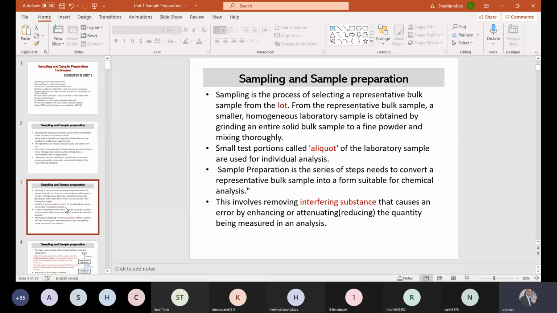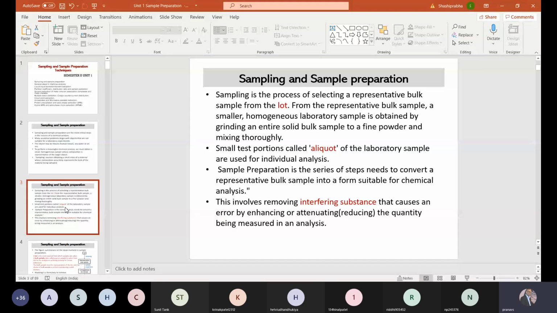So these are the things which we do with a sample which we have collected from a lot, such that it becomes a homogeneous sample that could be analyzed by an instrument, because an instrument works on a principle. So we need to give that sample in a form that the instrument starts to recognize what we want from that sample. That is what sample preparation is.